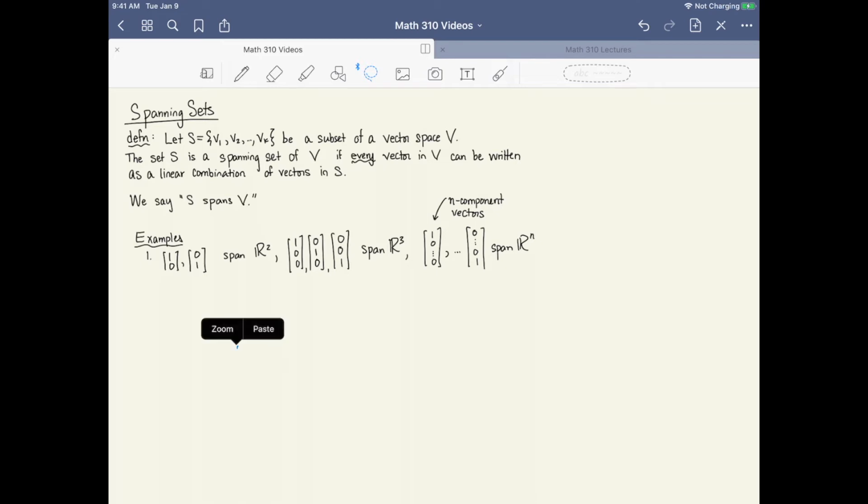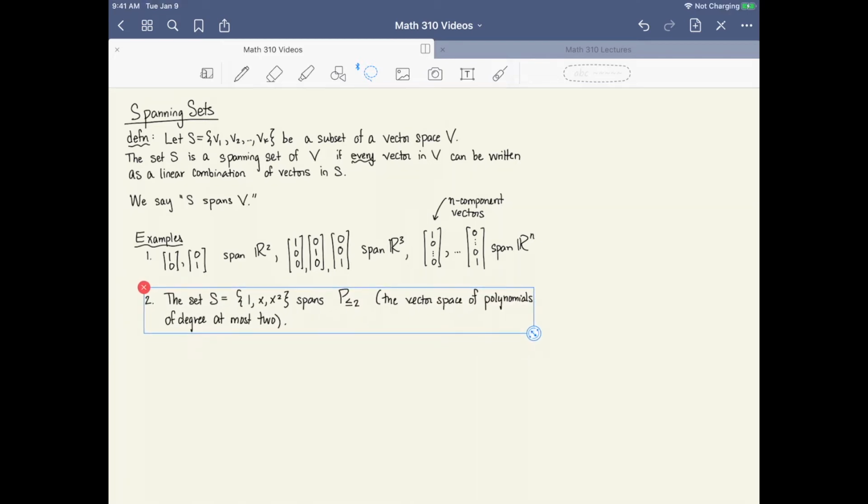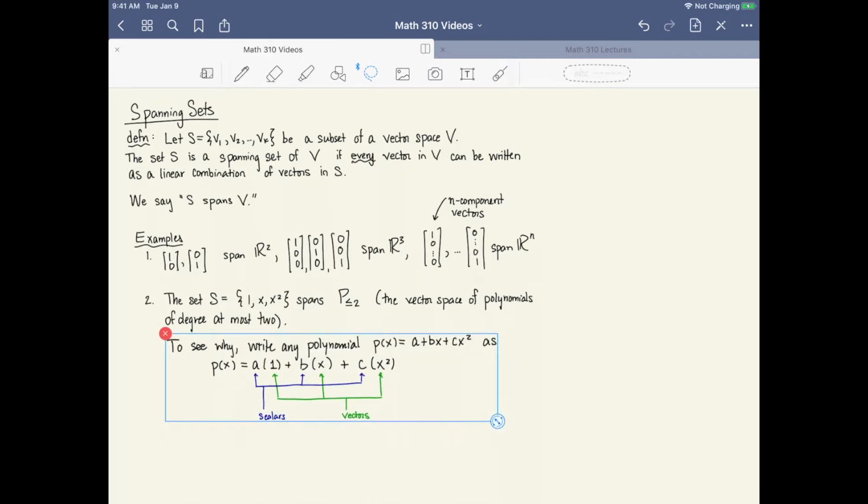How about a different vector space? What if we take the space of polynomials of degree at most 2? In this case, the set consisting of 1, x, and x squared spans this vector space, which I'm denoting P less than or equal to 2. Let's see why. If you just write down what a generic polynomial looks like, it should be fairly clear.